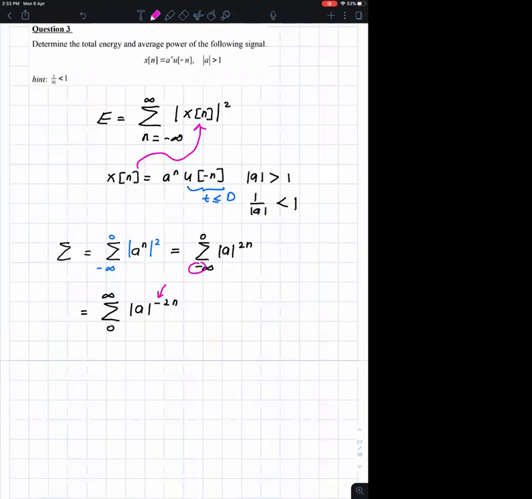So it becomes even. It's the same thing.